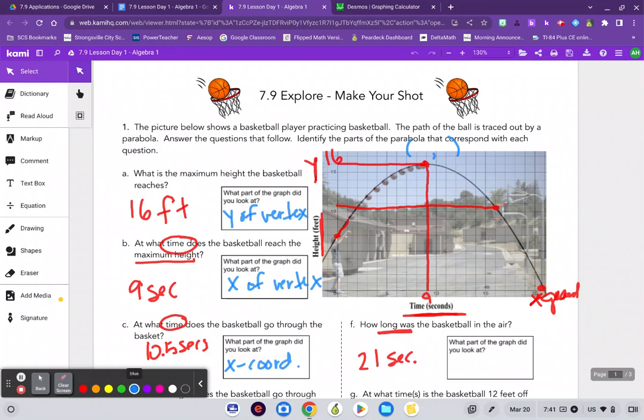Specifically, that looks like we're crossing the x-axis. Technically, over here I would be crossing the x-axis as well. So this would be my second intercept. We want to be specific with that.